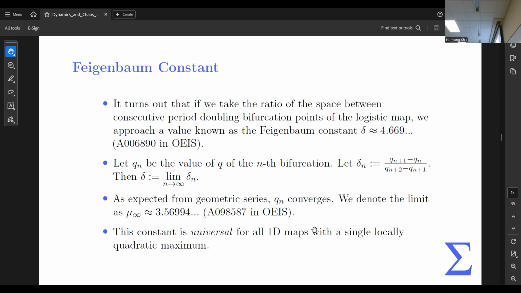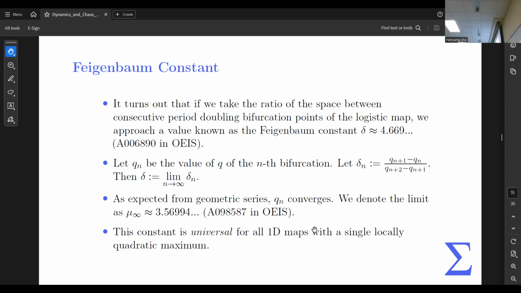Sorry, the max. It turns out that for these maps, the ratio between consecutive bifurcation points approaches a constant called the Feigenbaum constant. So how is this defined? Let Qn be the value of the nth mu where the bifurcation occurs.